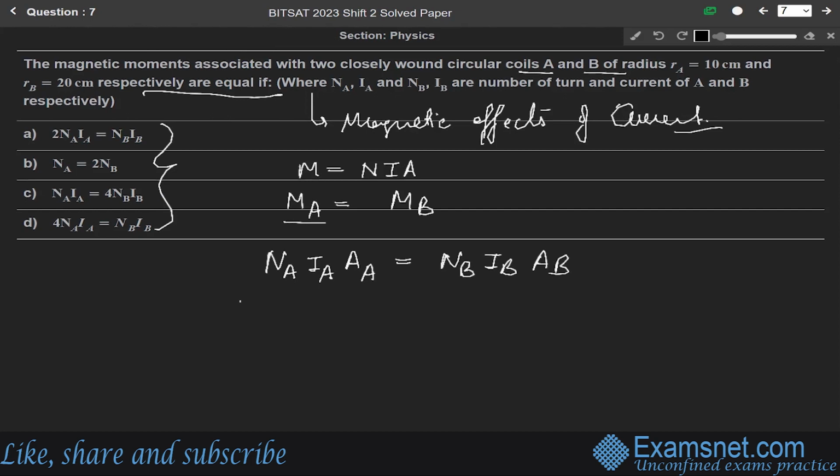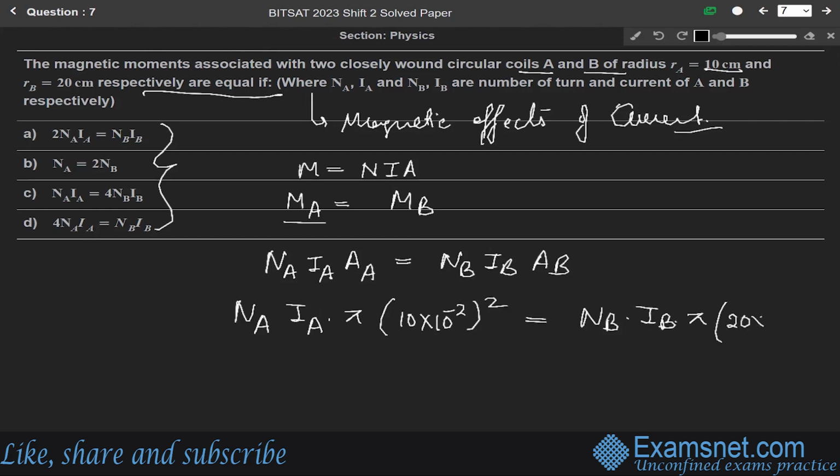And for coil A, this will be NA IA, and area is pi r square, and radius is 10 centimeter for A. So 10 centimeter means 10 into 10 to the power minus 2 meter whole square, and it will be equal to NB into IB into area of B, pi r square. R is 20 centimeter, means 20 into 10 to the power minus 2 meter whole square.